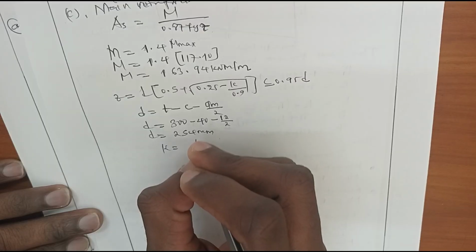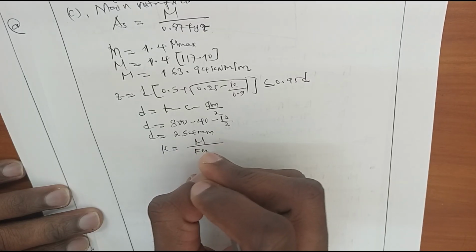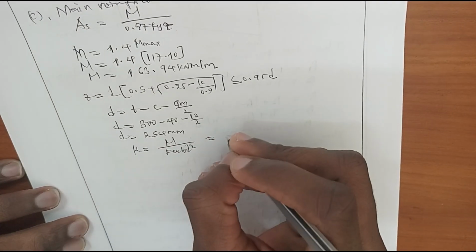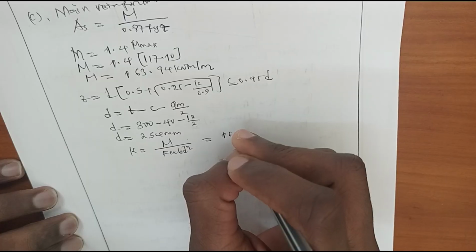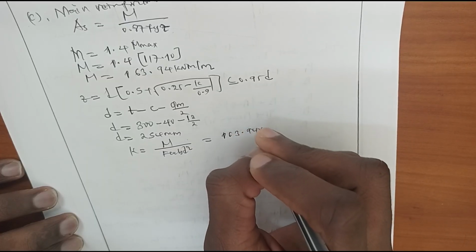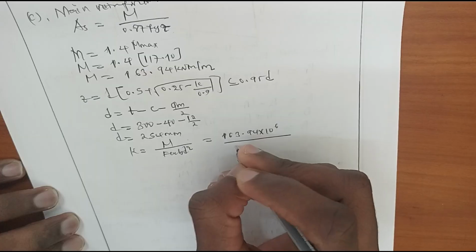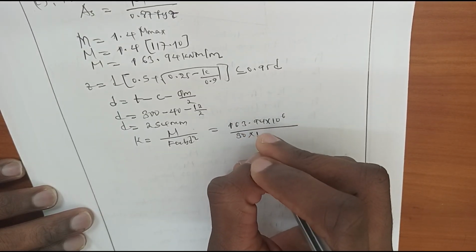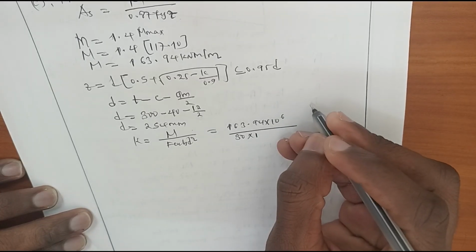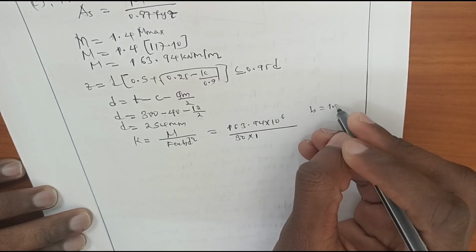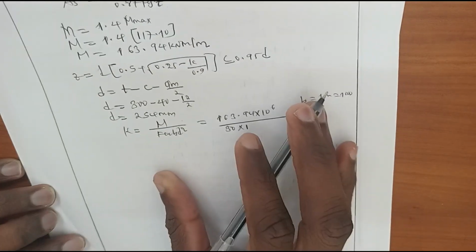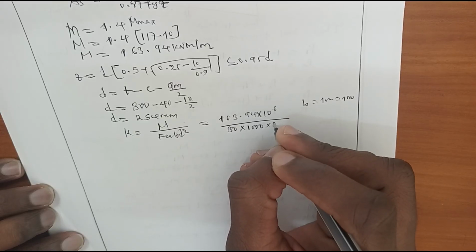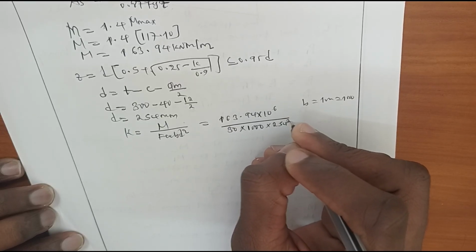The value of K is obtained by taking the maximum design moment over fcu b d square, which is equal to the maximum design moment, which is 163.94 times 10 exponent 6, over fcu, which was 30, times b. For the cantilever retaining wall, b is taken as 1 meter, which is equal to 1,000, so we multiply by 1,000 times the effective depth, which is 254 square.